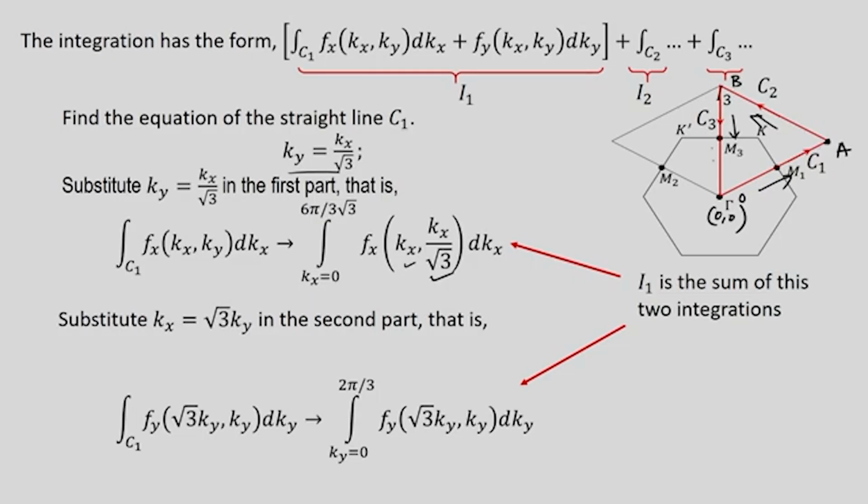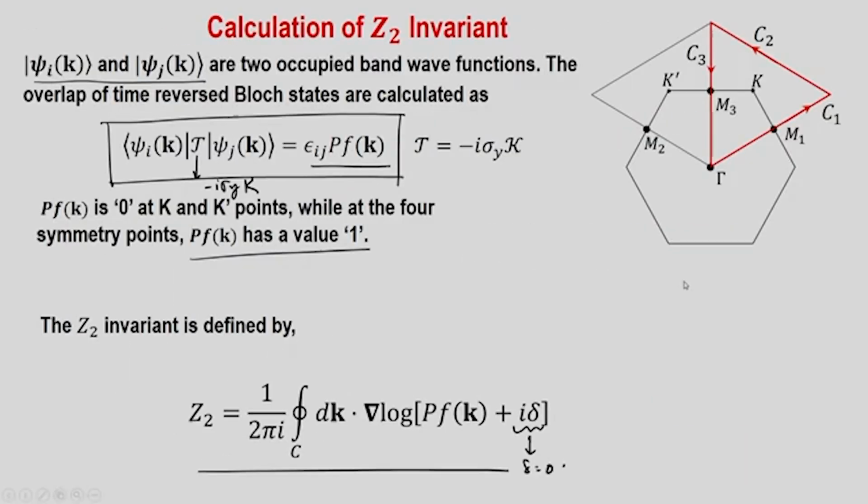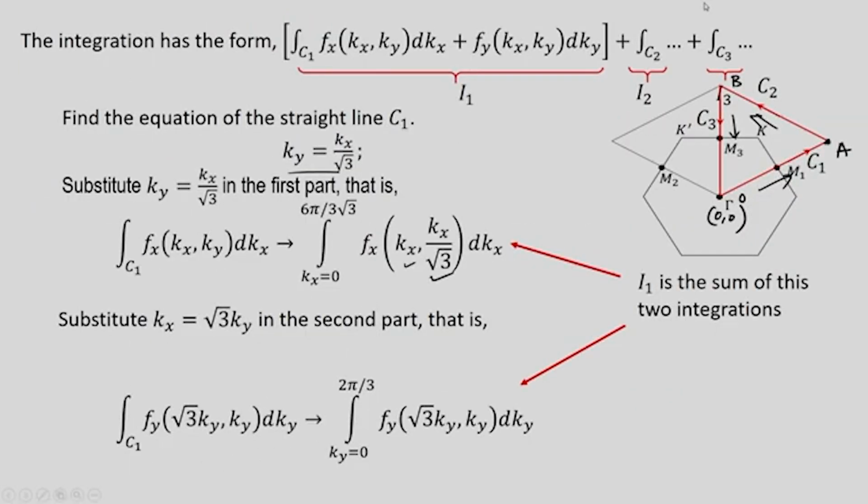So, it is an O A B O integral, and the integral you see here is over this O A B O. That is what needs to be substituted here, and then this integral is from 0 to 6 pi by 3 root 3.